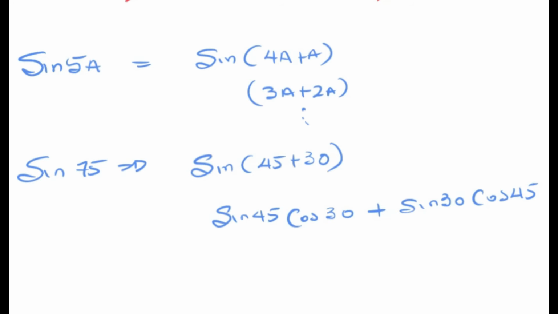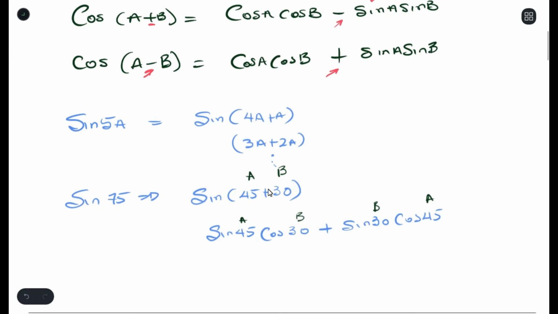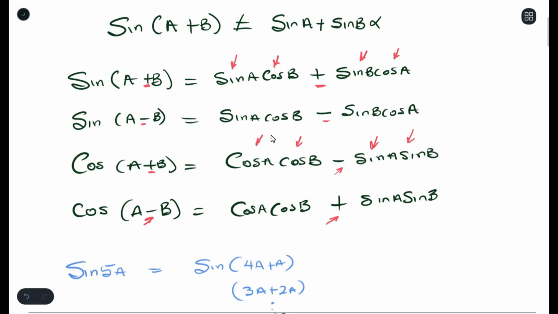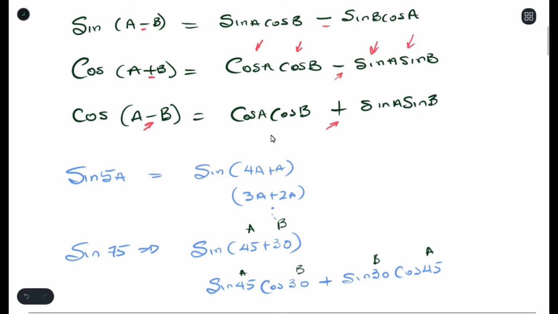If you look at this intently, you can see that this represents A, that represents B. We have sine A cos B, and you also have sine B cos A. So this is exactly what you do with compound identities. Not every single question will look like the default over here. You might have to create your own compound identities.